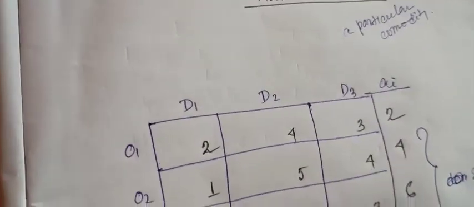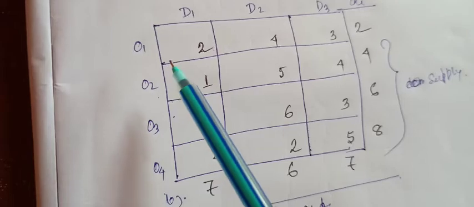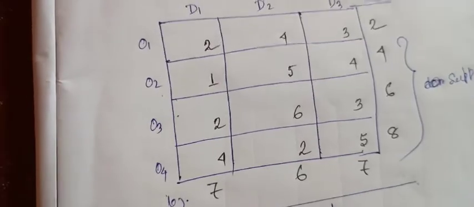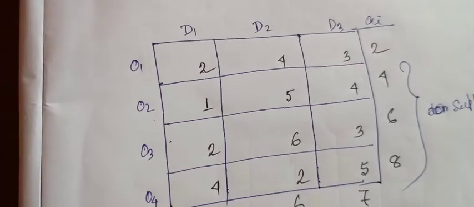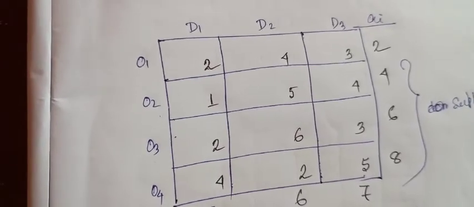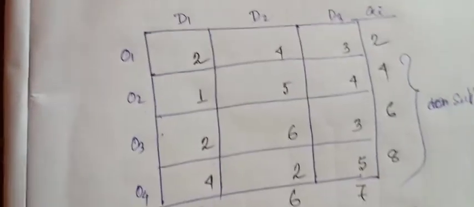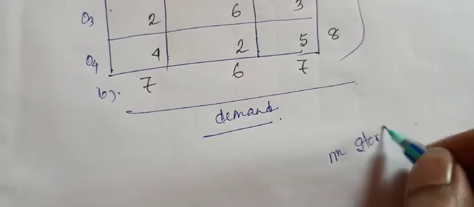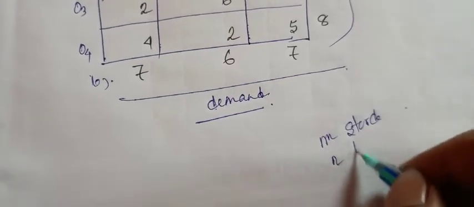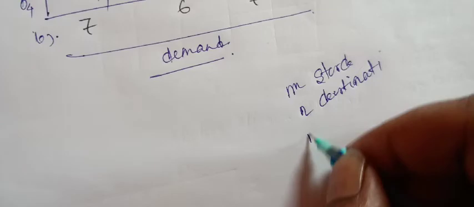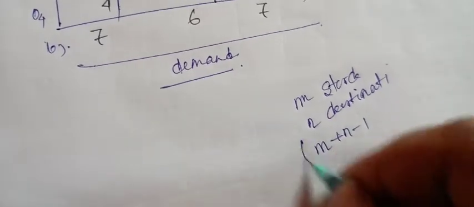So here there are 4 warehouses and 3 destinations. If there are m storehouses and n destinations, then the number of solution cells will be m plus n minus 1.